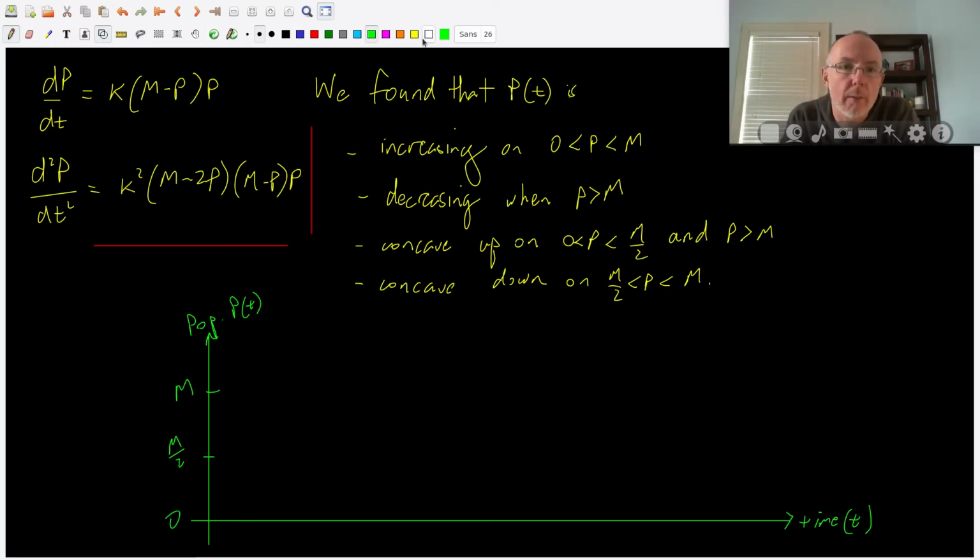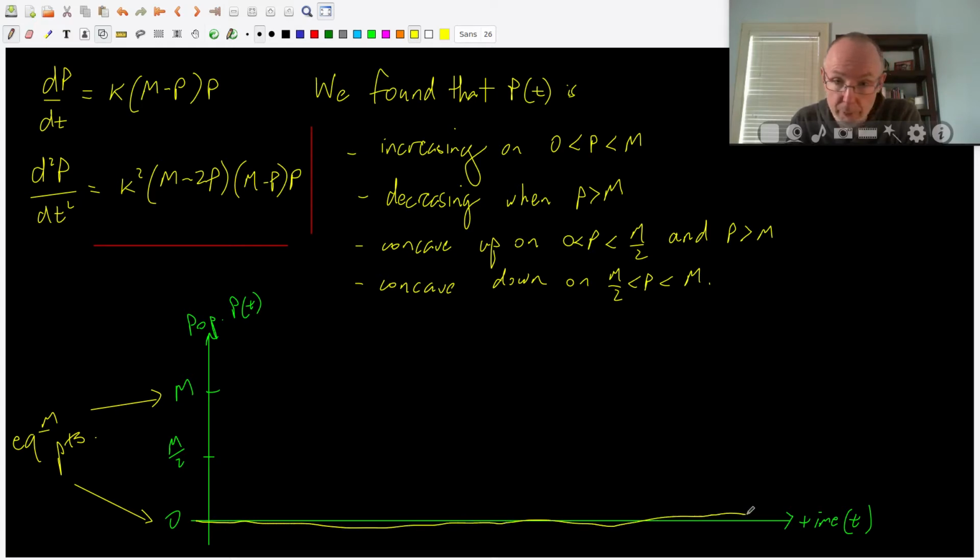All right, so here I've summarized what we just talked about. We looked at the first derivative and the second derivative of p with respect to t. We found the key equilibrium points, and I've labeled them on the graph here, the equilibrium values. We know that if the population is 0, it stays 0 for all time, right?